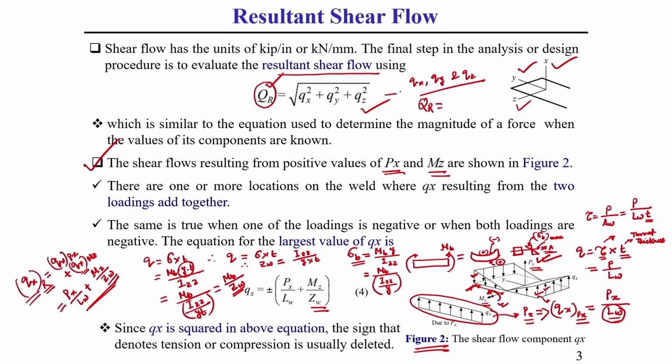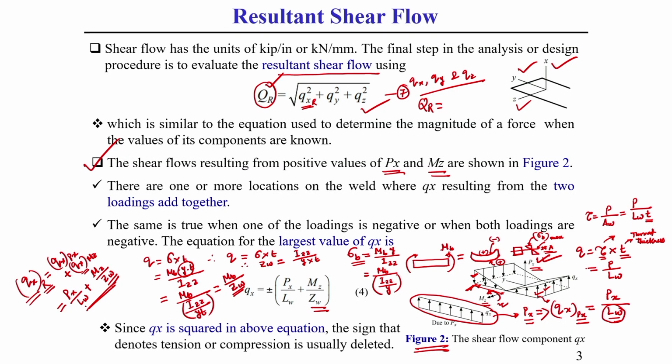This is equation number 7, which I told you about in the last lecture. If you put it here, this is actually the Qx resultant component, which will be squared. That is why, in Px by Lw plus Mz by Zw, if it is tensile in nature, it will be positive, and if both are compressive in nature, it will be negative.